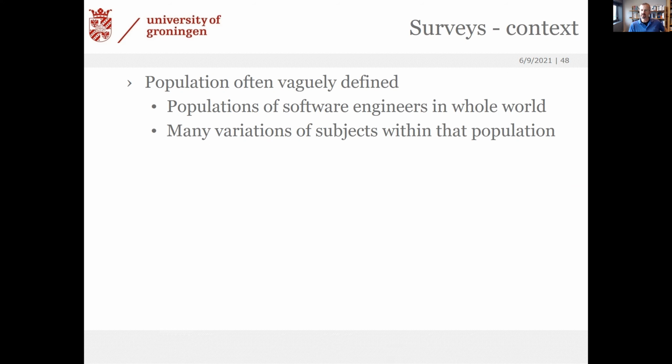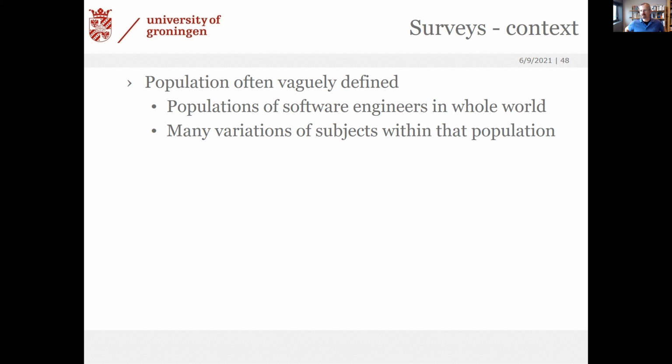Another really significant aspect of surveys is the context. You see a lot of surveys where the population is very vaguely defined and you're kind of struggling to find out what exactly do they mean, what is the actual population here. A lot of surveys not well designed are aimed at all of the software engineers in the entire world.